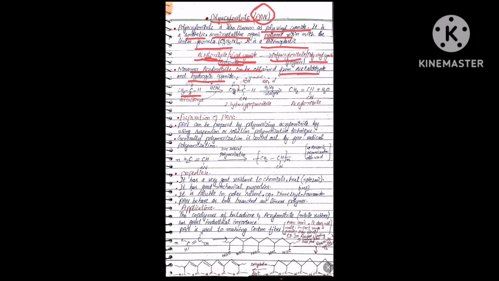When it is treated with hydrogen cyanide, HCN, this CN negative charge attacks the carbonyl carbon and the pi bond shifts towards oxygen, and a negative charge appears on oxygen. That negative charge will grab the hydrogen from HCN and convert it into OH.